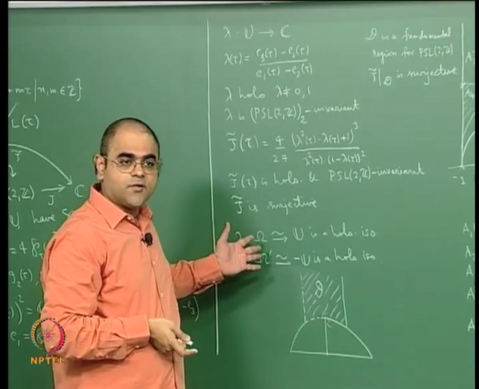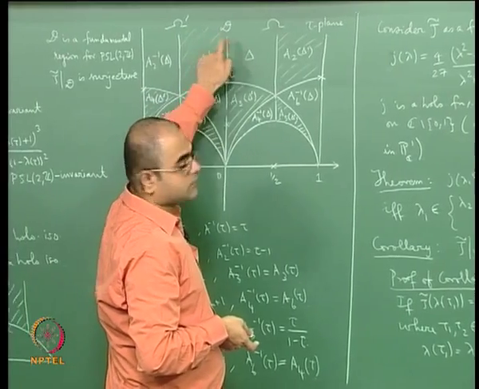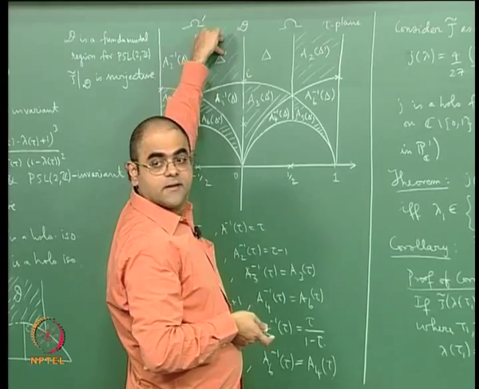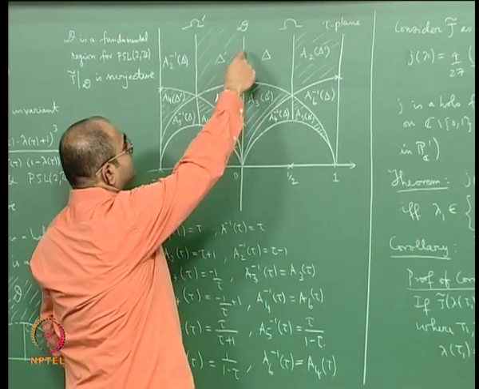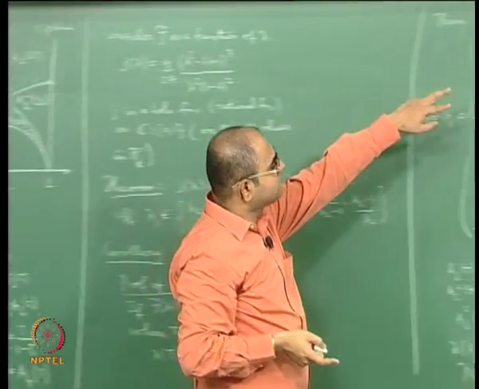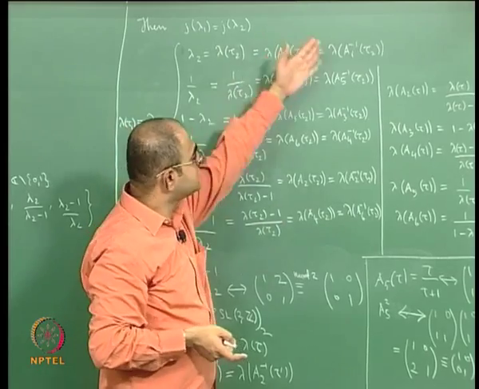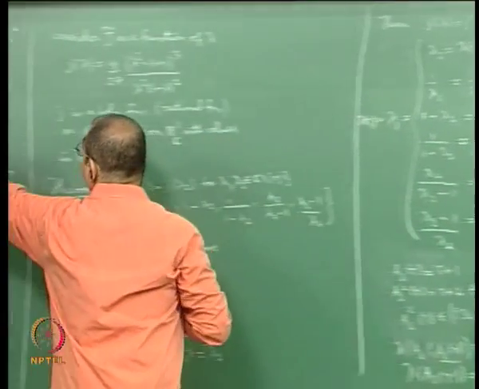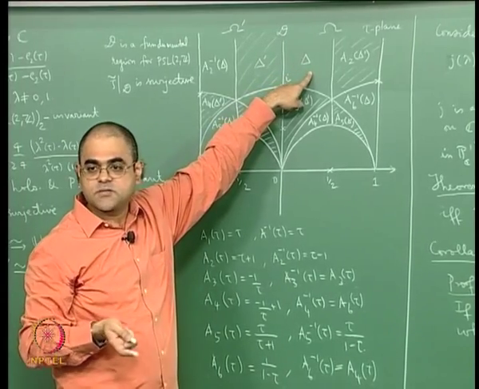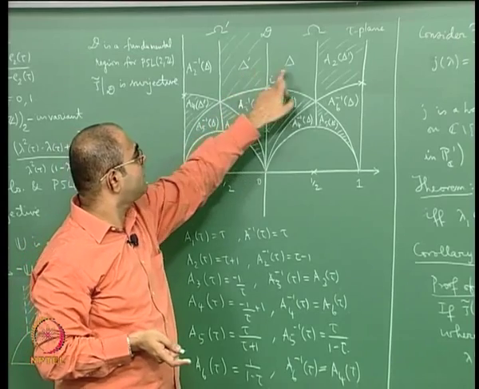So you see my tau 1 and tau 2 are somewhere here in D. Let us assume that tau 1 is in this unshaded part, then there are two possibilities for tau 2. Tau 2 may be either in the shaded part or it may also be in the unshaded part.